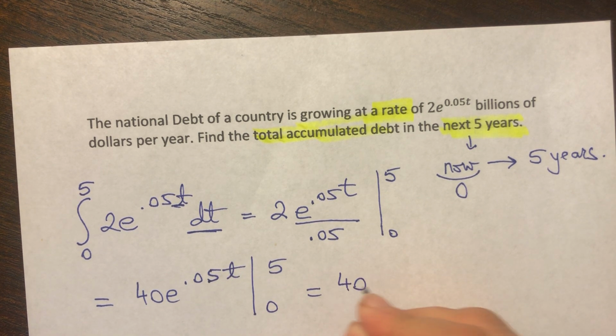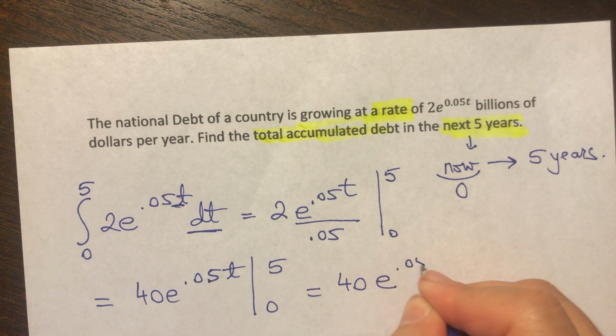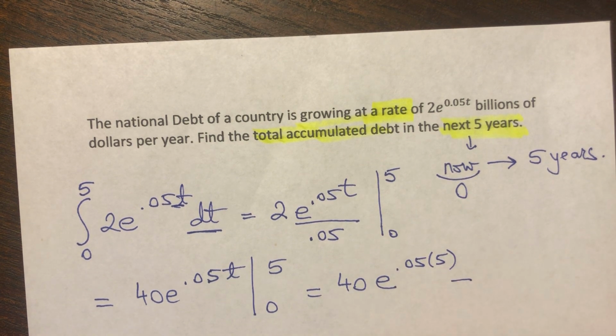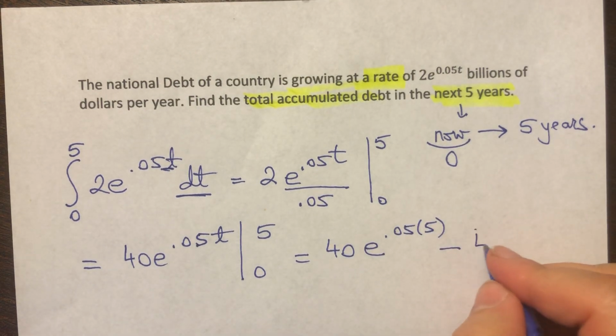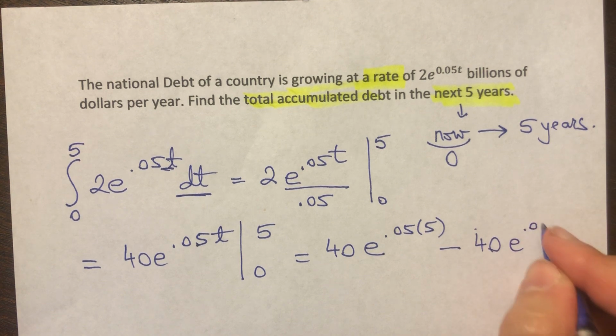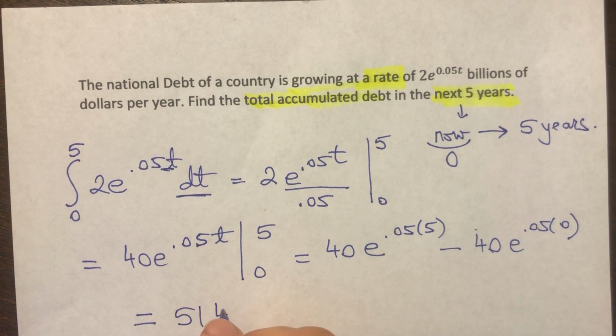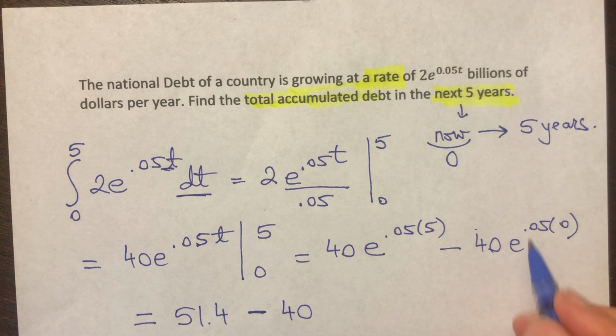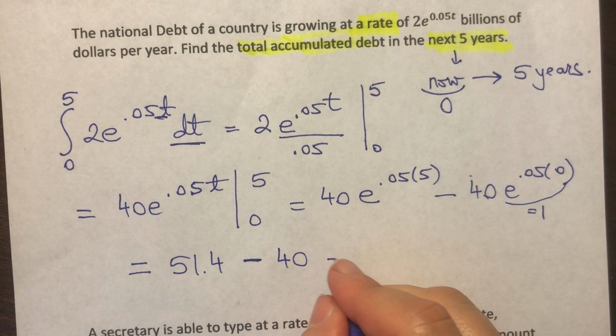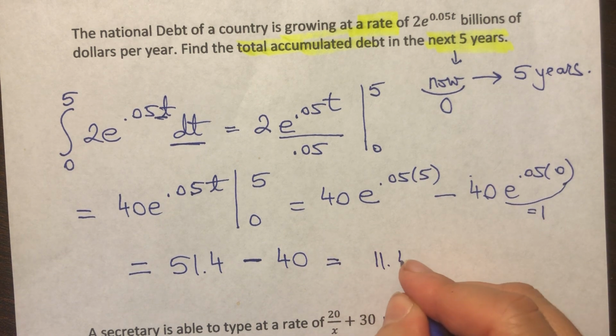So that's a 40 e to the 0.05 times 5 minus 40 e to the 0.05 times 0. Okay, put that in your calculator. That's going to come up to 51.4 minus, again, remember, e to the 0 equals 1, and 1 times 40 is 40. So that's going to be 11.4.